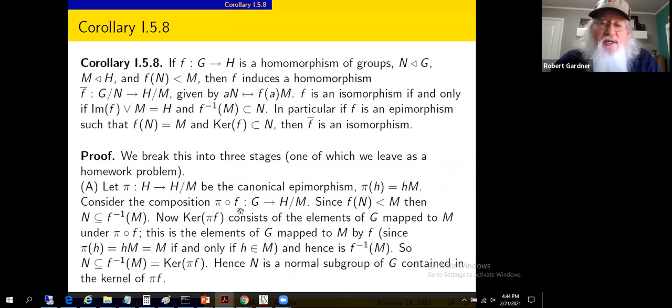Think of these functions acting on something on the right, so you read it from right to left in terms of the order of what happens. F first takes G into H, and then pi takes H into this quotient group H mod M. So the mapping makes sense.